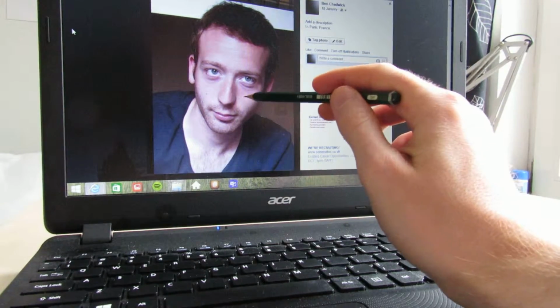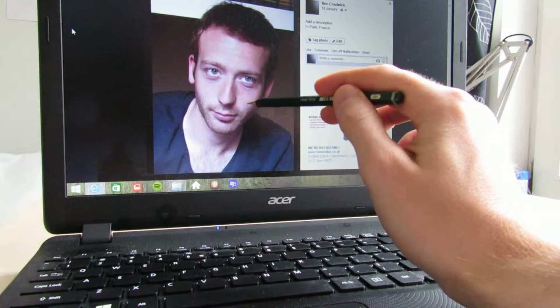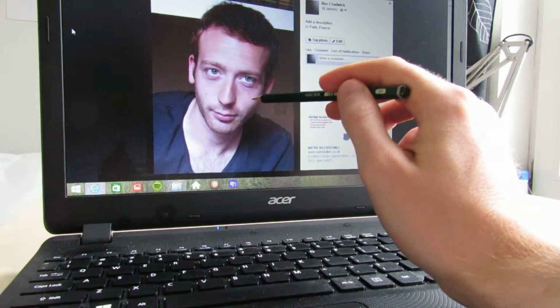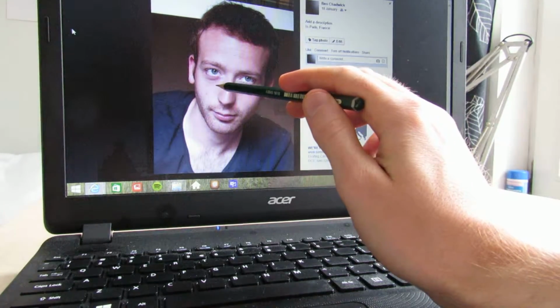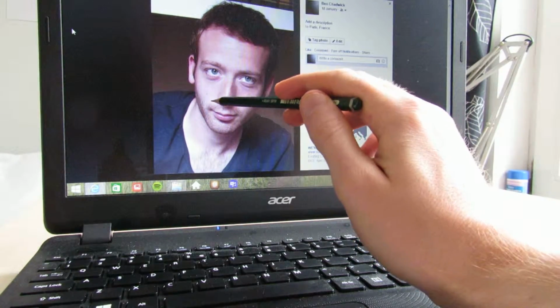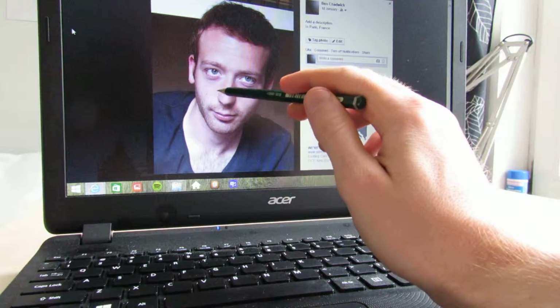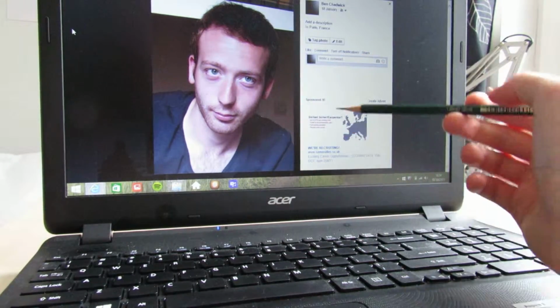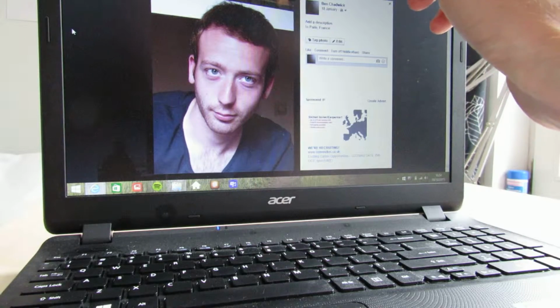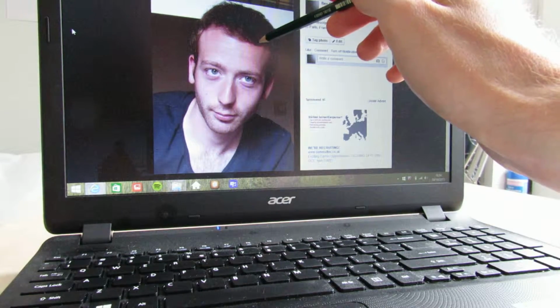Then the very centre point, the centre circle of this cheek here, and this area of this cheek here, this sort of triangle. So that would be my tone 2.